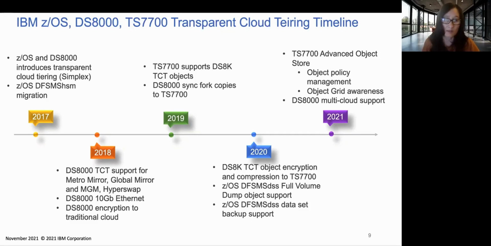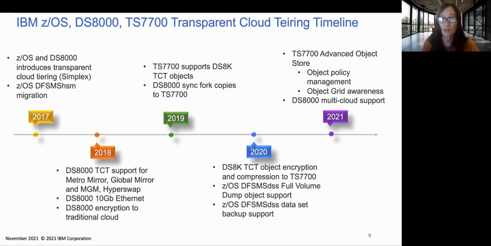They also added support for 10 gig Ethernet, because all this data runs through Ethernet. And they added DS8000 encryption to a traditional cloud, meaning your Amazon AWS, your IBM Cloud Object Store, and so on. In 2019 was the first time the 7700 supported DS8000 Object Store.